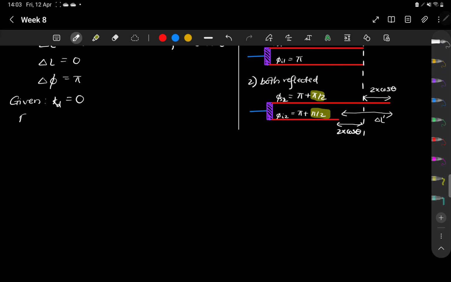So RSI is then going to be R1 plus R2 plus 2 root R1 R2.